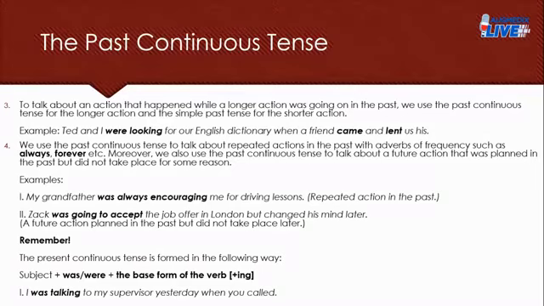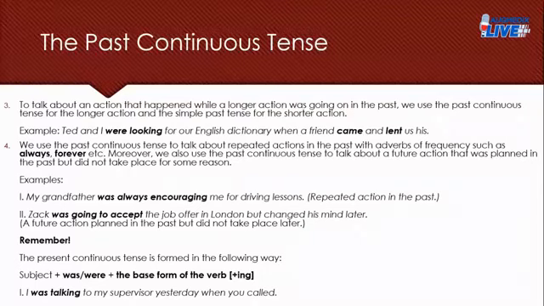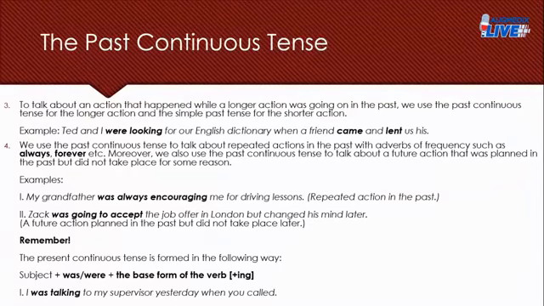So let's take a look at the examples, and let's take a look at example number 1 under rule number 4. My grandfather was always encouraging me for driving lessons. Repeated action in the past. Now take a look at this example. Be thorough that my grandfather's act of encouraging took place again and again in the past. It does not take place any longer.